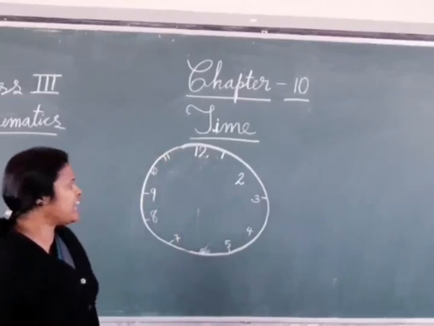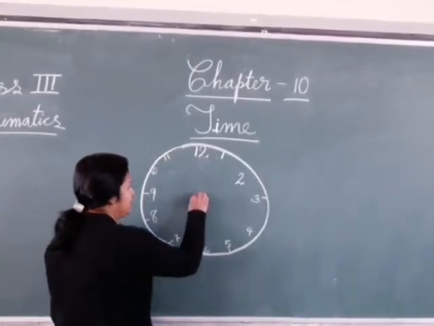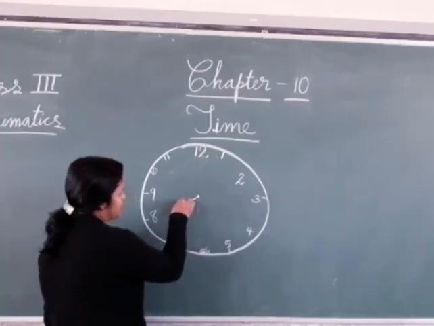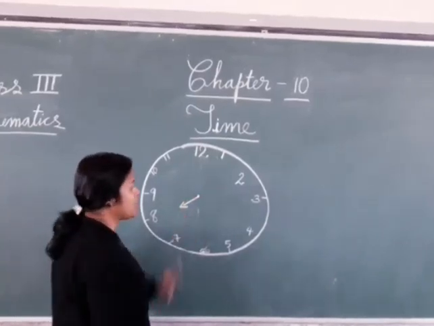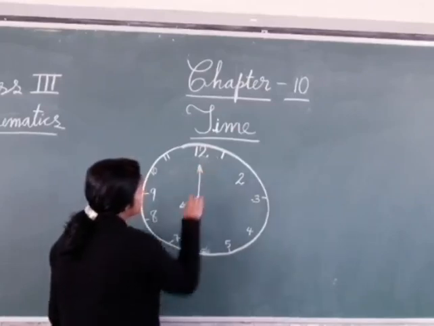And inside that clock you can see one small hand. This small hand is called the hour hand. And one more hand also you can see.